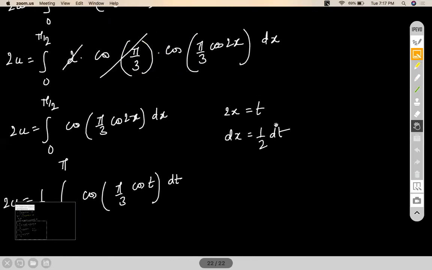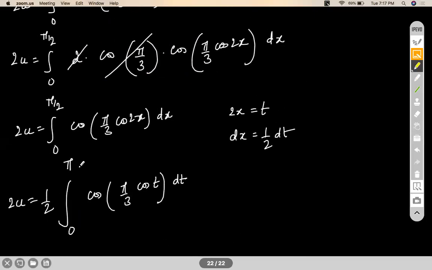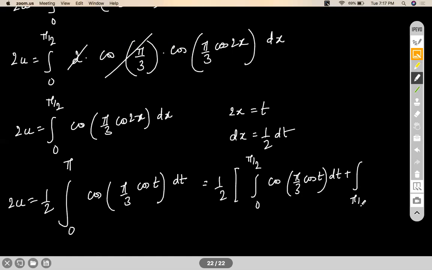Okay. So we are almost there. So we have to halve this limit. Now, actually I have not given you half the limit property. But what I'll do here is I'll break this up as the integral from 0 to pi by 2 of cos pi by 3 cos t, and the integral from pi by 2 to pi of cos pi by 3 cos t.